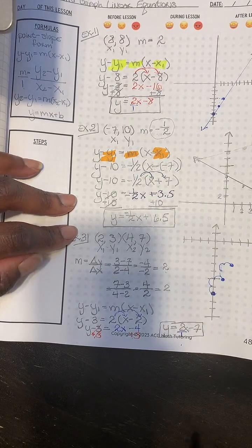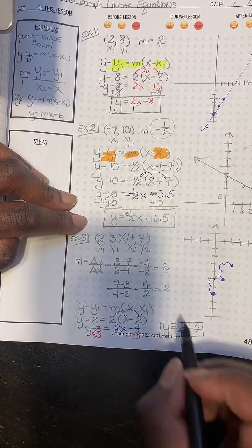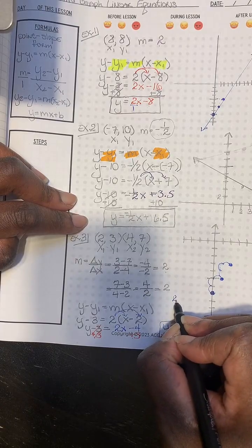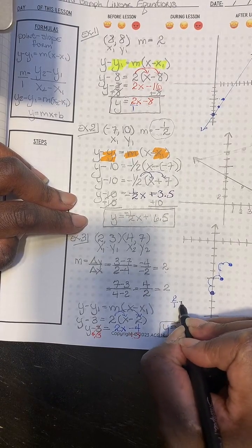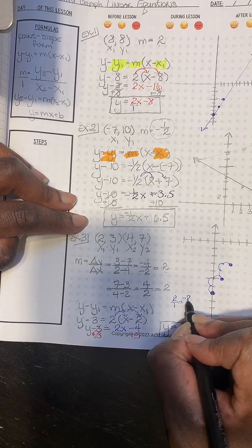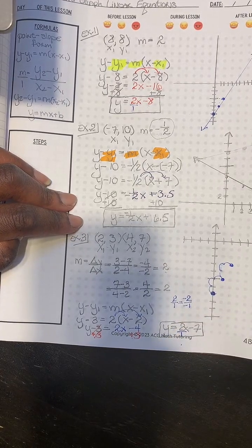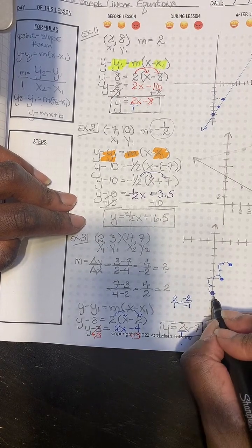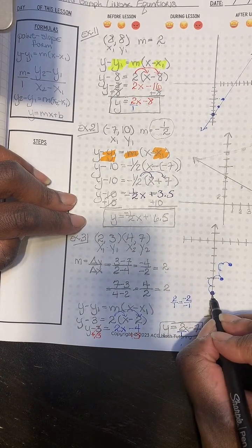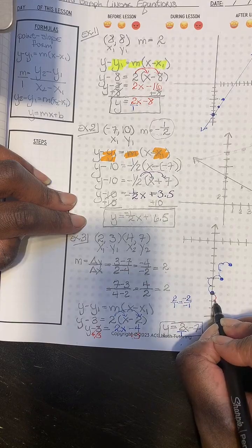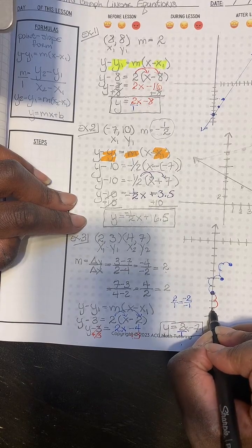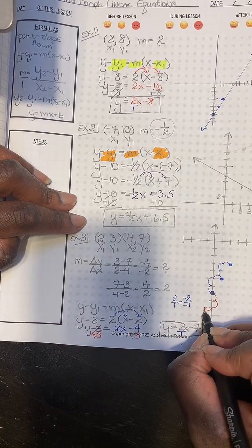Now, the best thing about slopes: if I have a positive slope 2 over 1, it's also equivalent to negative 2 over negative 1. So if I want to, I can start at my y-intercept and go down 2, but I would go to the left 1.